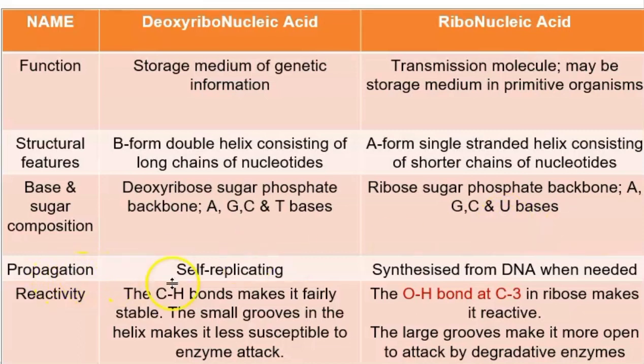Another one is propagation. DNA is self-replicating. Self-replication means DNA is able to unwind itself so that you have a single-stranded DNA for the proteins to bind to and make a photocopy of the DNA, like in the case of meiosis, for a new baby to be born resembling the parents.